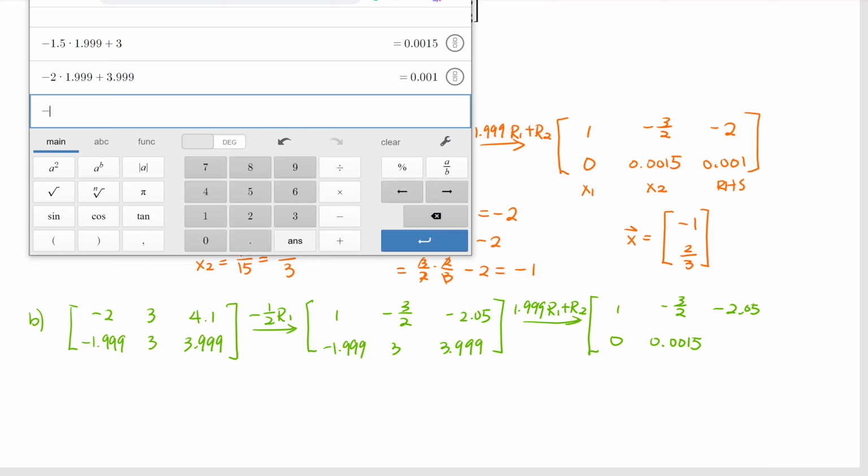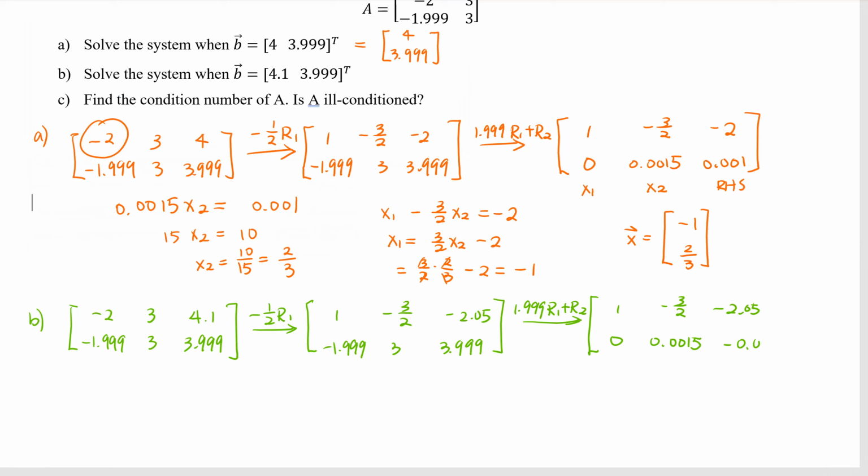We do -2.05 times 1.999 plus 3.999. The answer is -0.09895. So far, so good, everybody?